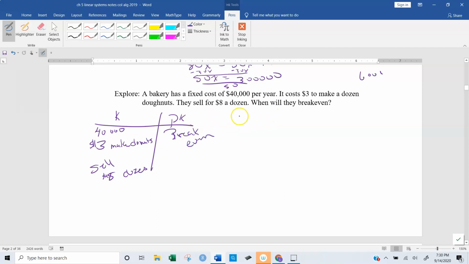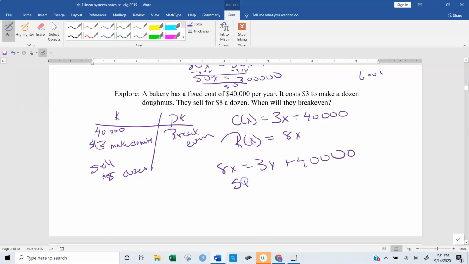All right, so first I have to create my cost function. So my cost function is $3 per dozen donuts plus my 40,000 startup fee. So how much did my building cost me? My revenue, so how much do I have in the cash register, is $8 per dozen. My break even is you set those equal to each other.